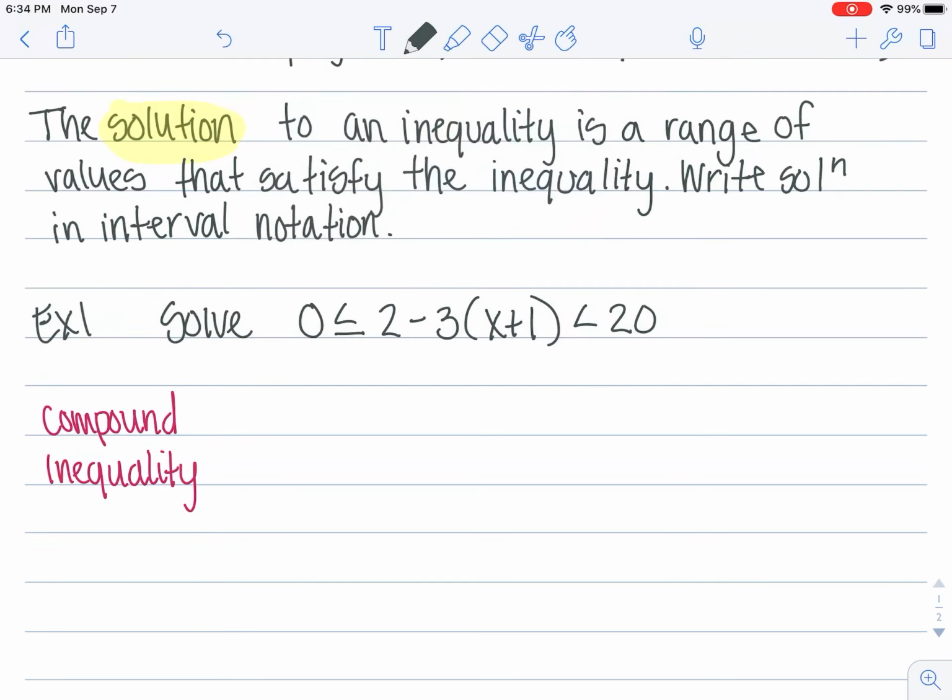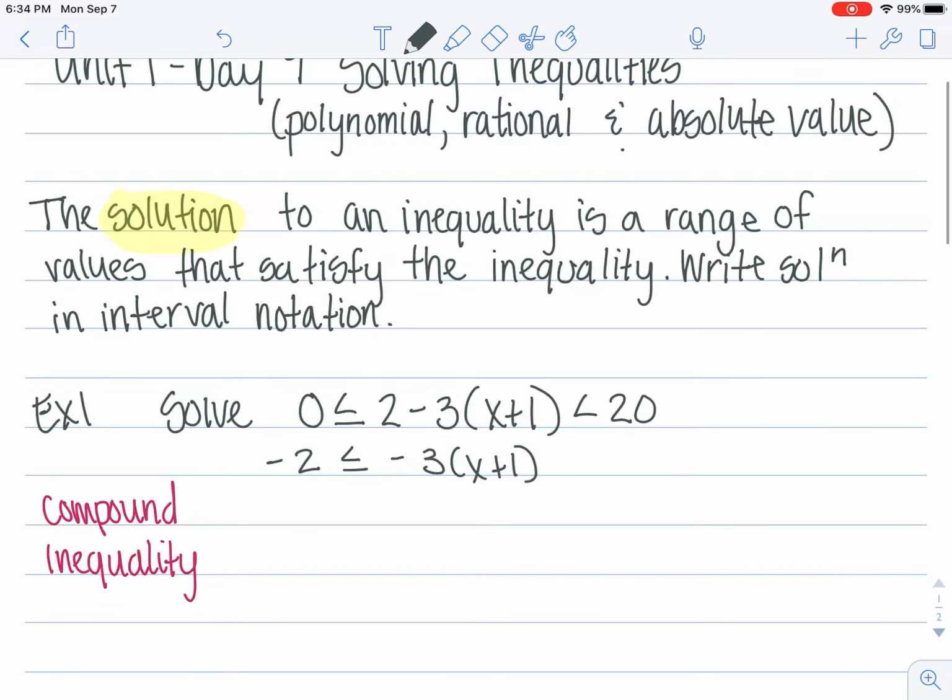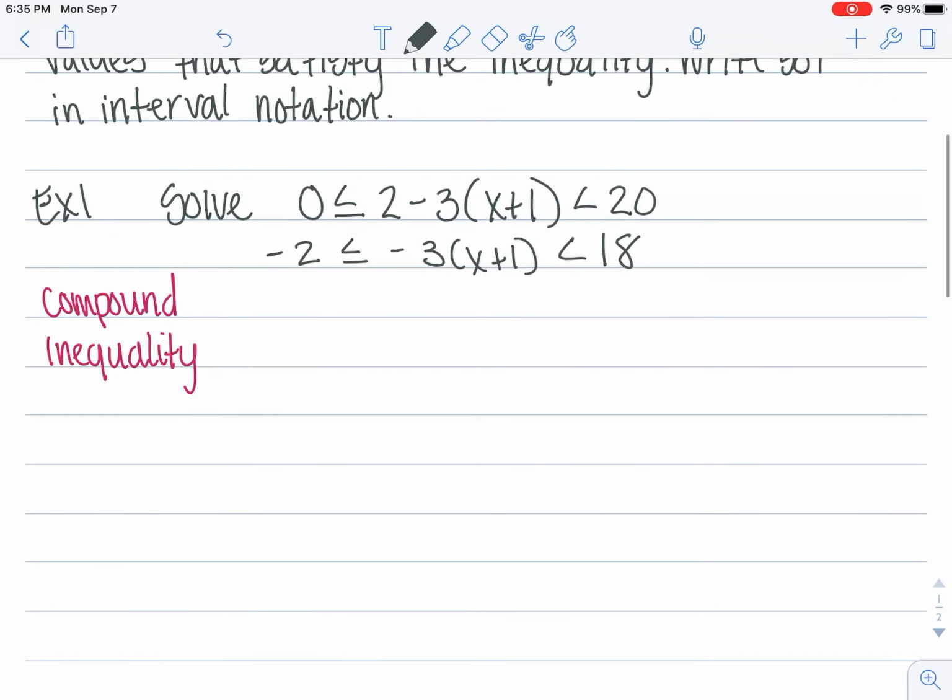Our goal again is just to get x by itself. So I'm going to subtract the 2 on all three sides. Please remember to do it on all three sides. Divide everything. Oh no, let's distribute.